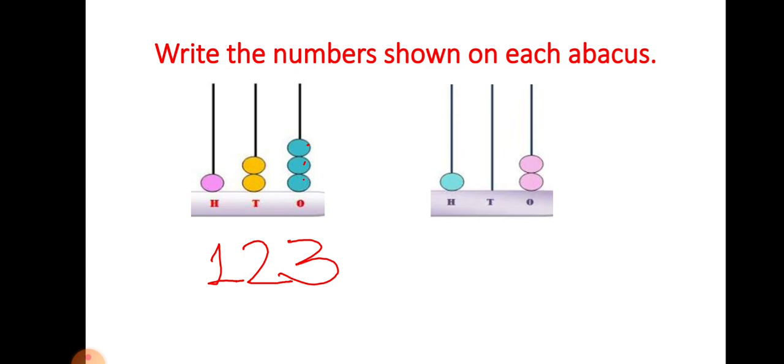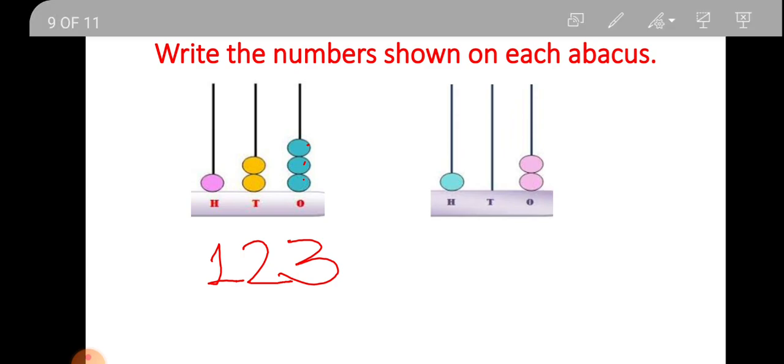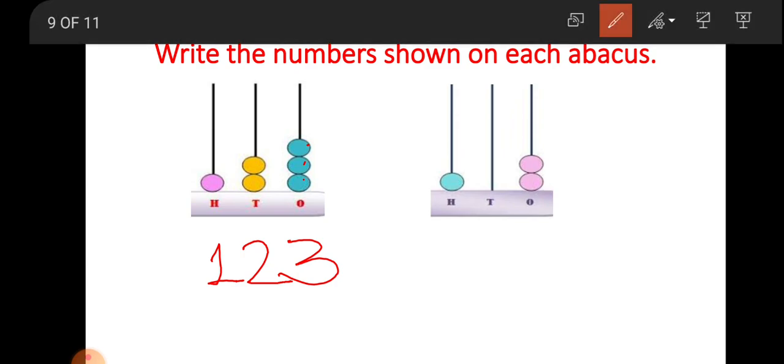See this next abacus. Here also 100, tens, and ones places are given. That means a 3-digit number comes. So in the 100 place only 1 bead is given, so in the 100 place write 1.